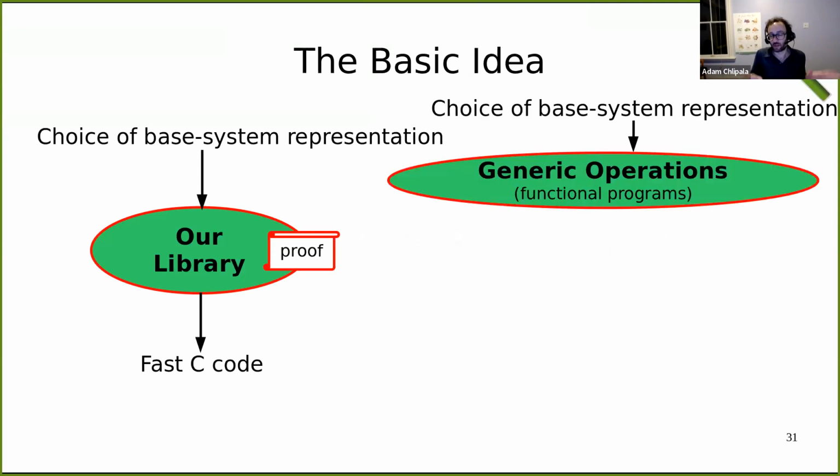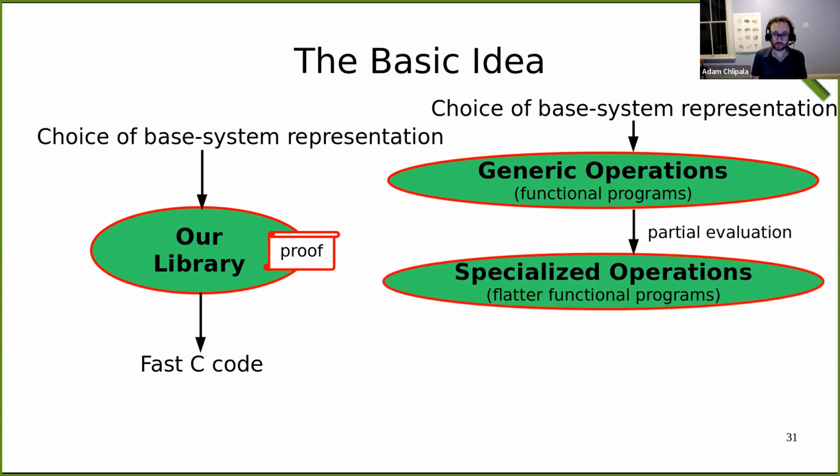How does it accomplish this generation process? We've invested in creating a library of functional programs for standard arithmetic operations. And these operations are parameterized on the prime modulus and the base system data structure selection. And these operators are proved once and for all in roughly the style that I demoed earlier on.